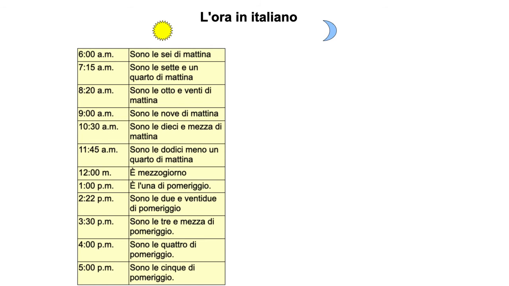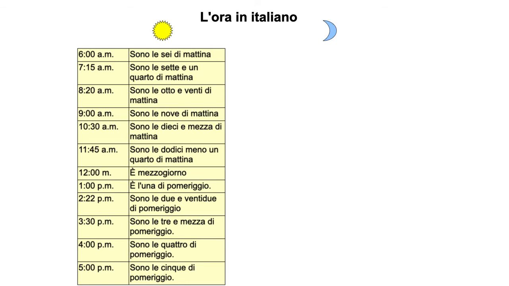Di mattina. So almost always we answer sono le, and then followed by the number, followed by di, and followed lastly by the moment of the day that it is, either mattina, morning, or pomeriggio, afternoon, or sera or notte, right?